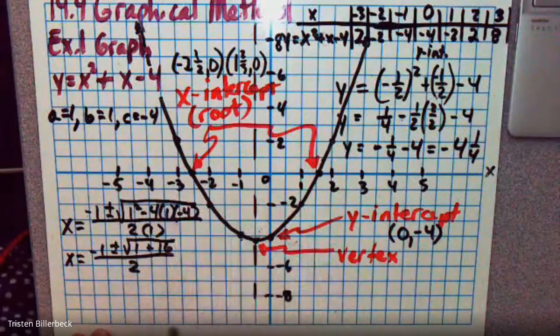Okay, so 1 plus 16 is so close to 16, whose square root is 4.